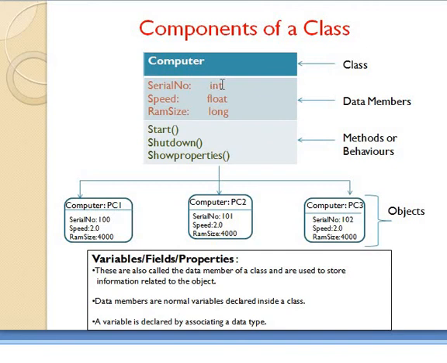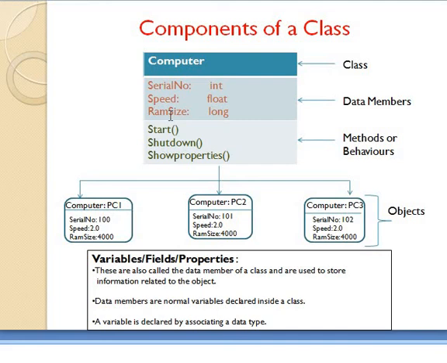The data type is int for assigning integer values to serial number. The data type float is for assigning decimal values to speed, and the data type long is used for assigning larger integer values to RAM size.